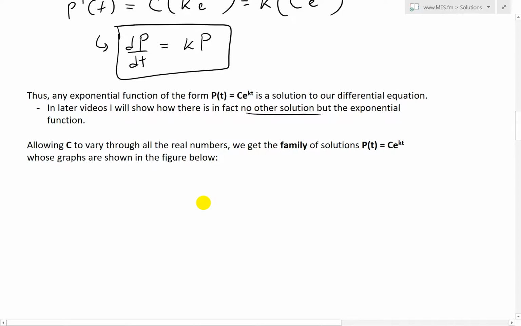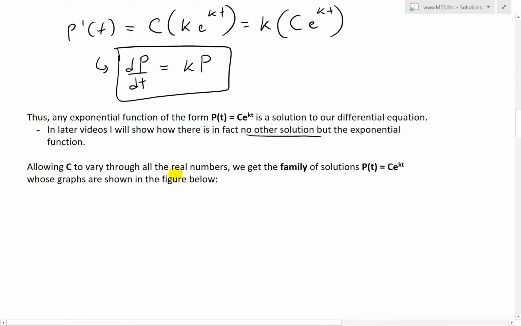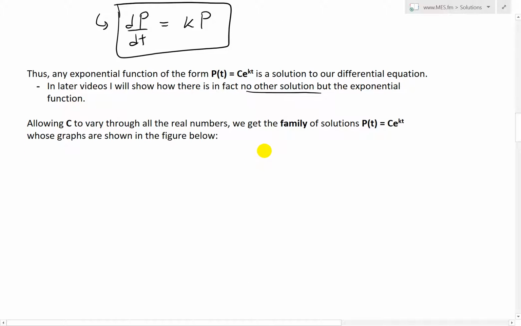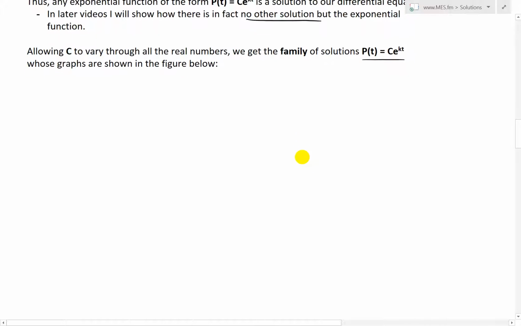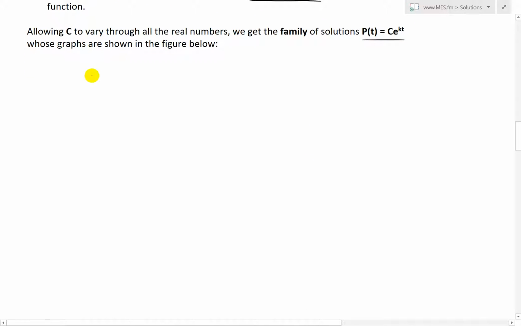Anyway, allowing c to vary through all real numbers, including negative numbers, we get the family of solutions p of t equals c times e to the power of kt, whose graphs are shown in the figure below, and I'll draw that like this.